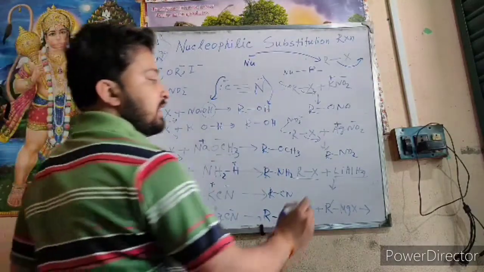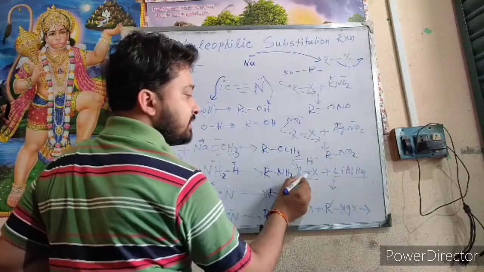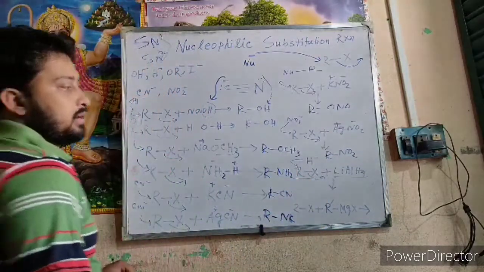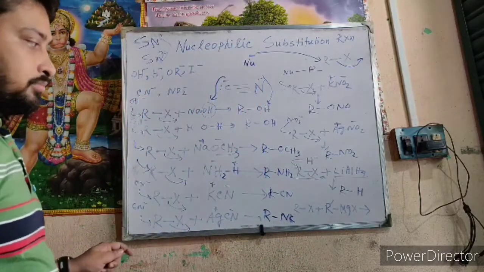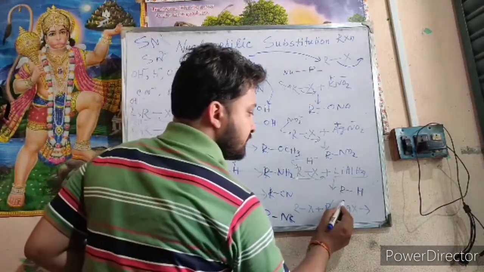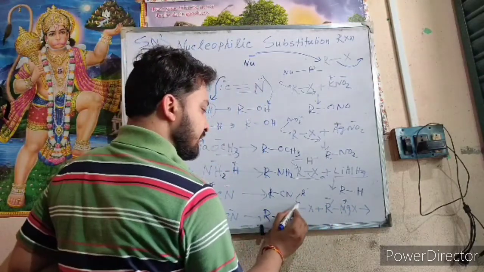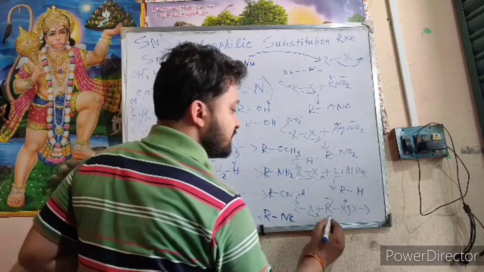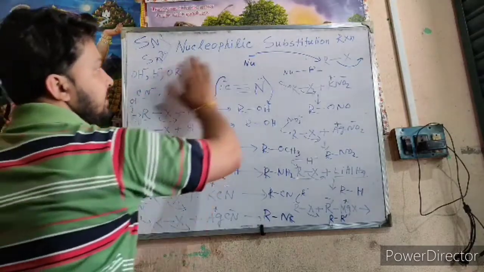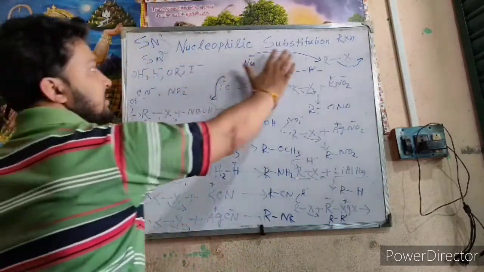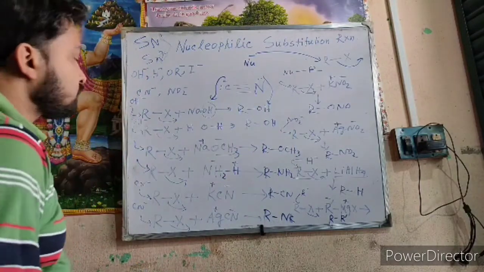Lithium aluminum hydride gives H minus ion. When H minus attacks this compound, X is removed from here, so the product is RH. So those are simple examples of nucleophilic substitution reaction. Okay, hope you understand.